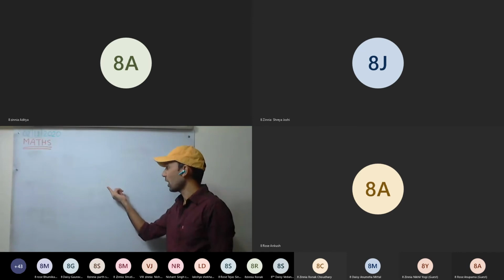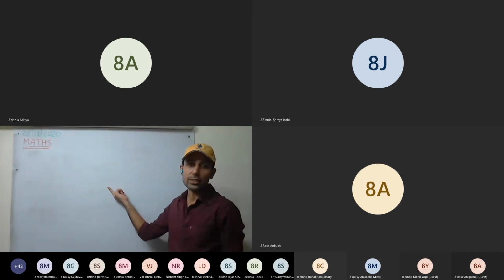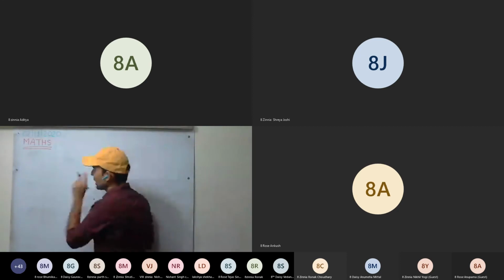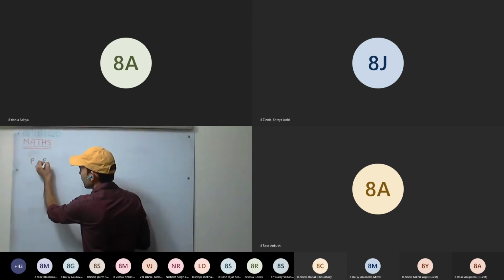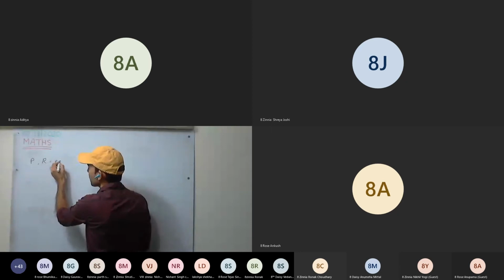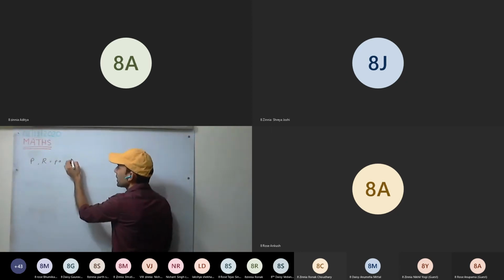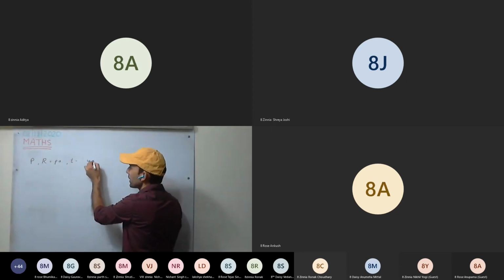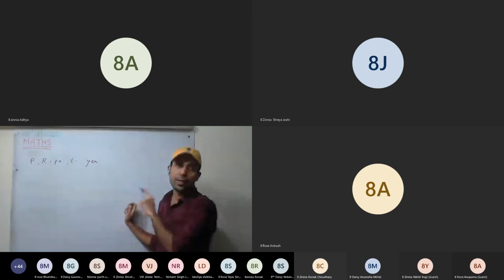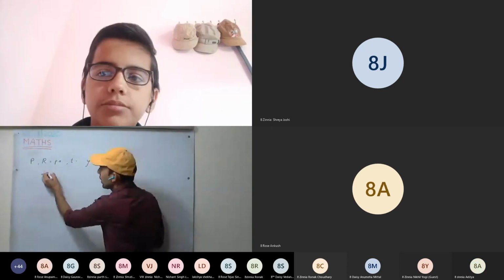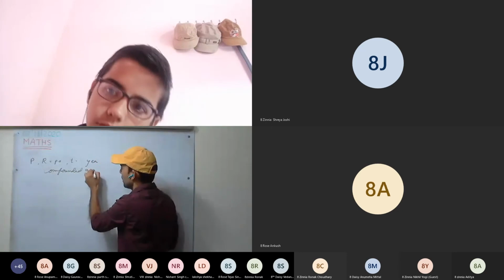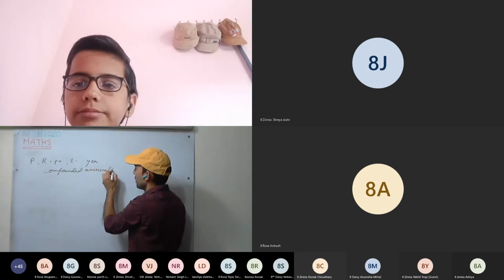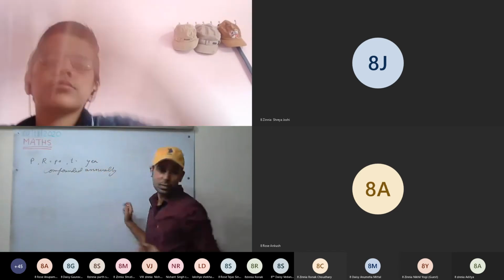That is, after half a year we have to calculate the interest. Till now, we had a principal, a rate of interest per annum, and time in years, and it was always compounded annually.